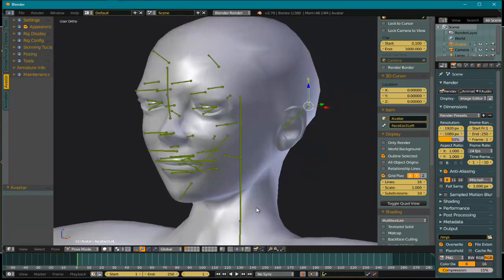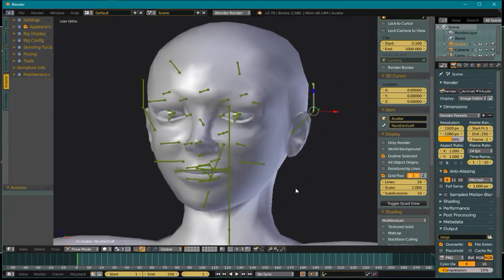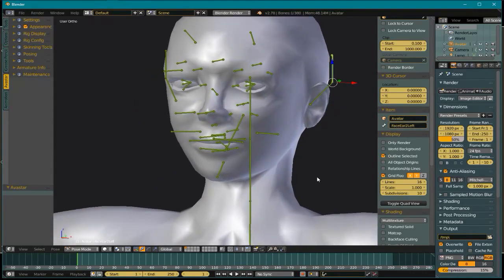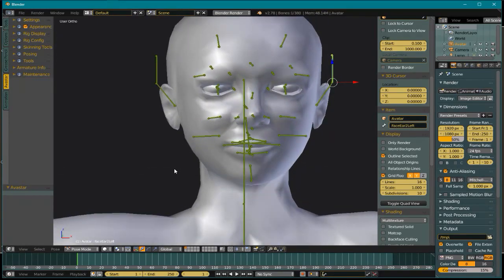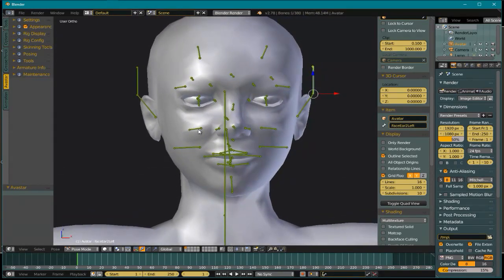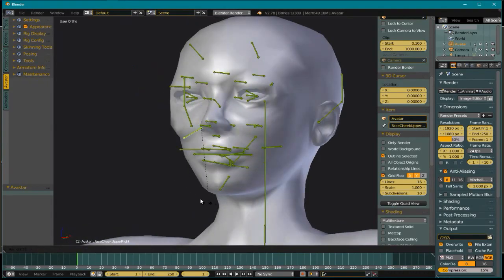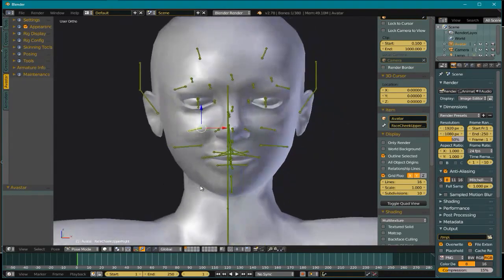When we talk about bento heads, if you're a creator who's making a human bento head and you want as many of the sliders to work as possible, the bottom line is you cannot move any of these bones. You cannot move them. You can rotate them, but you cannot move them in space.